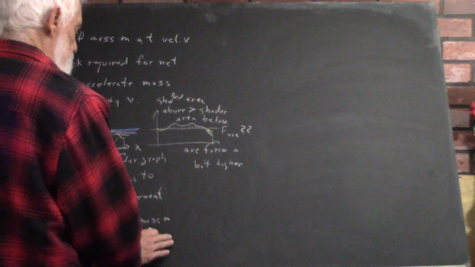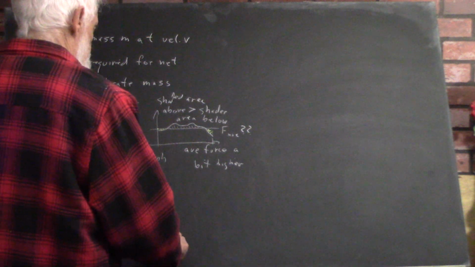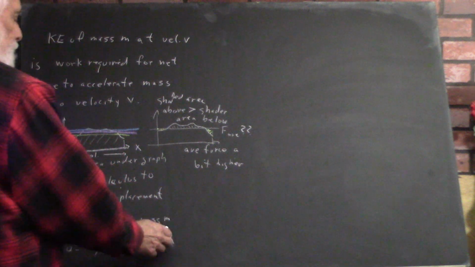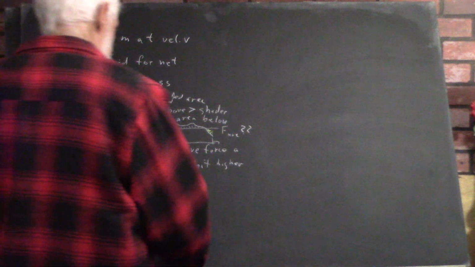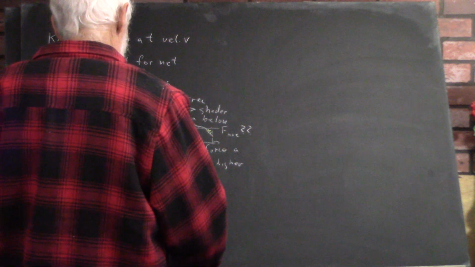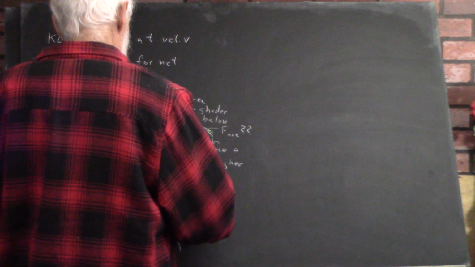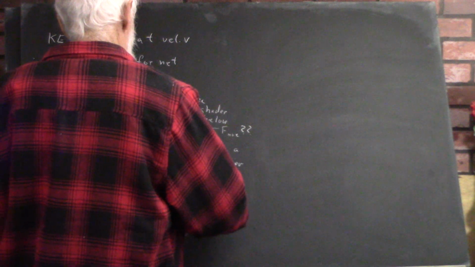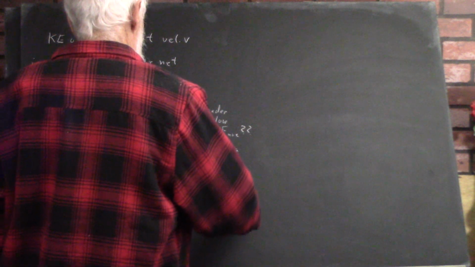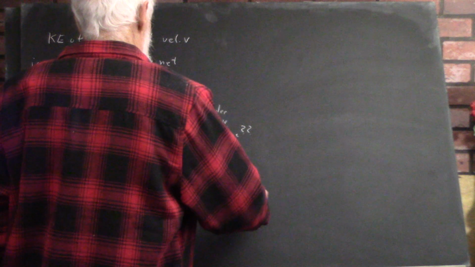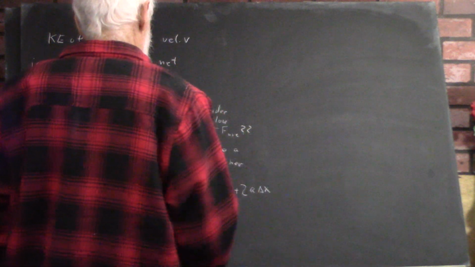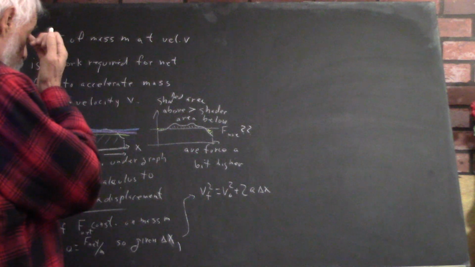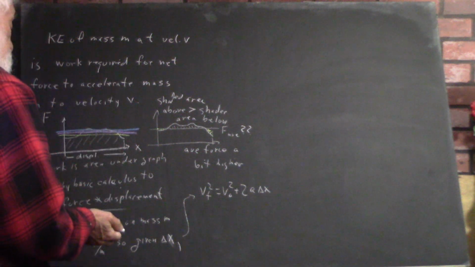So if we're given a delta x, remember that's what I used to stand for x minus x naught, Vf squared equals V naught squared plus 2a delta x.